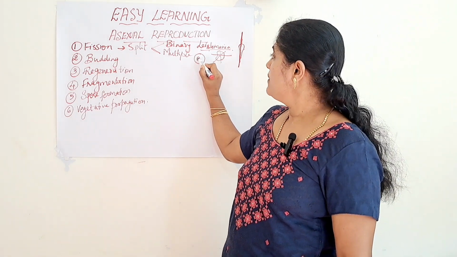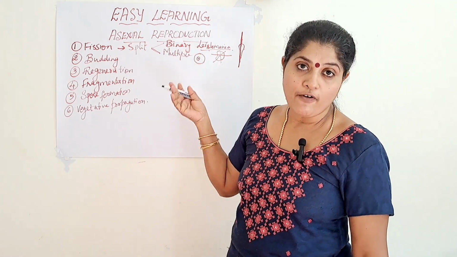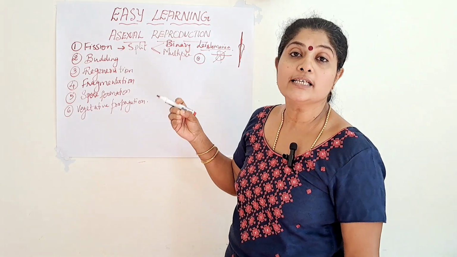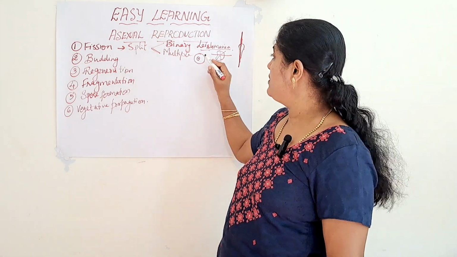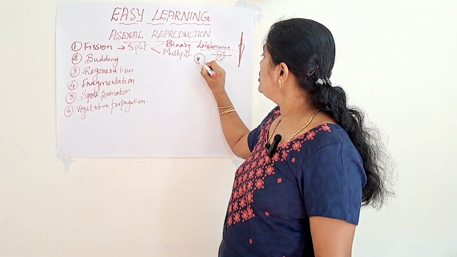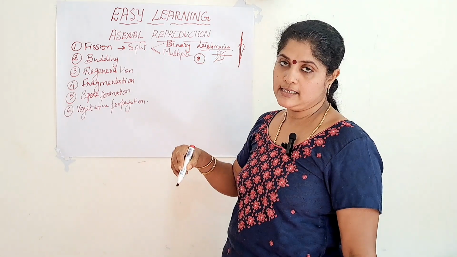At that time, the nucleus present in the cell goes on dividing. Then each nucleus is surrounded by some amount of cytoplasm and a thin membrane is formed. Like that, many new cells will be present inside the cell.